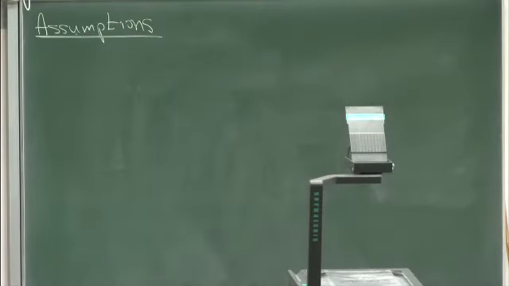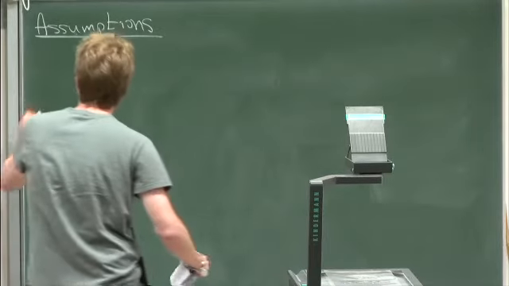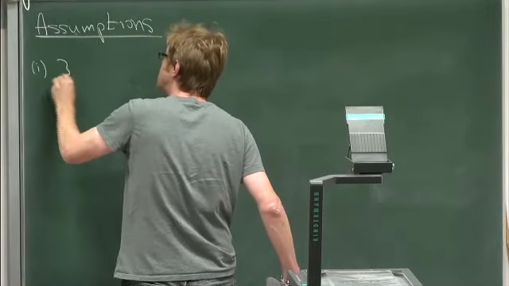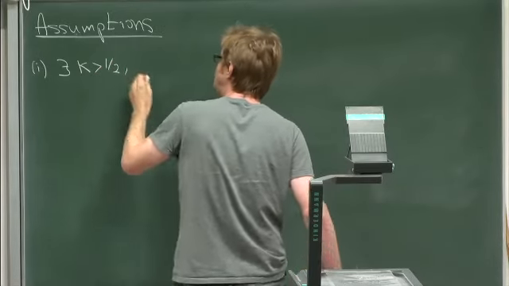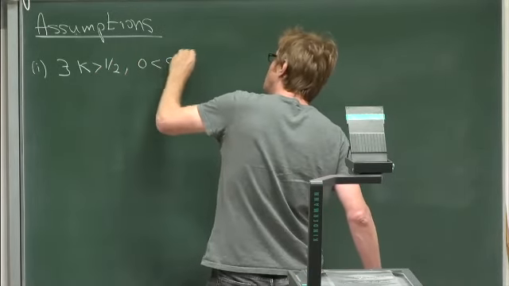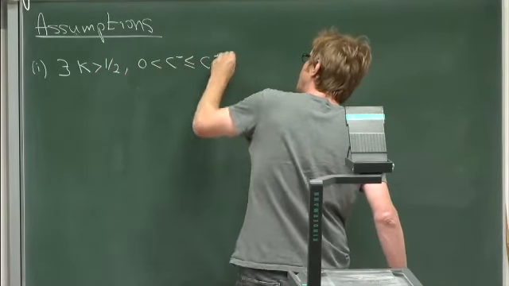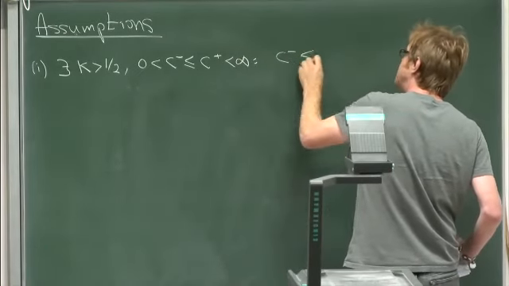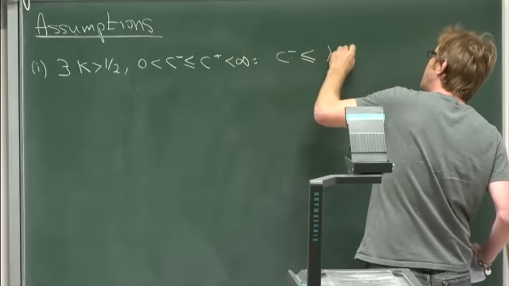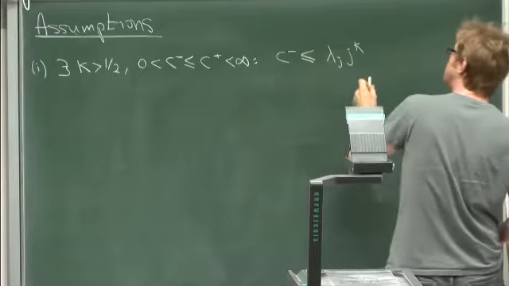And I'm going to have some assumptions which I'll keep up over here. So I want to put these in the same order I have them here. So let me first do the eigenvalues. I'm going to assume that there exists k bigger than a half and positive and finite c minus and c plus, such that, morally speaking, these eigenvalues lambda j decay like j to the k.